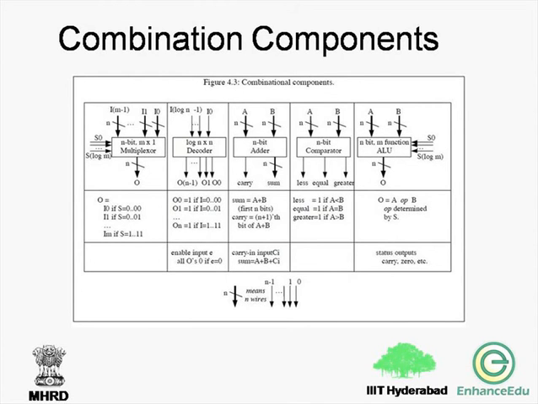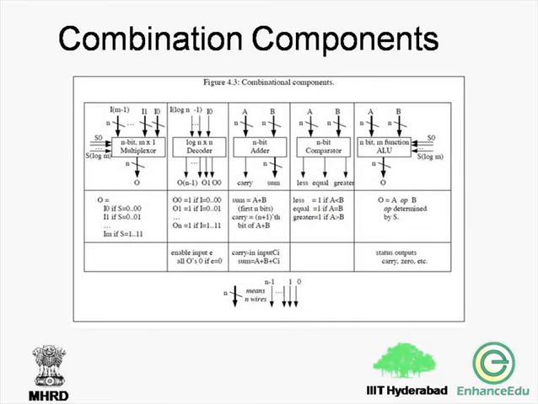These components can be multiplexers, decoders, comparators, and others. The figure shows a few combinational components. This includes the n-bit m-to-1 multiplexer, where the inputs to the multiplexer are n bits and the output is selected according to the select lines.